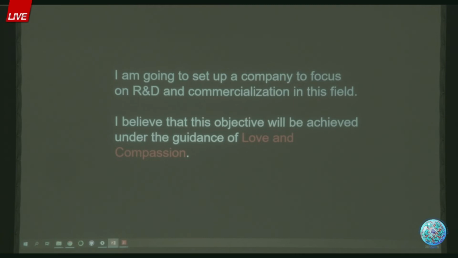I'm going to set up a company to focus on R&D and commercialization in this field. I believe that this objective will be achieved under the guidance of love and compassion.